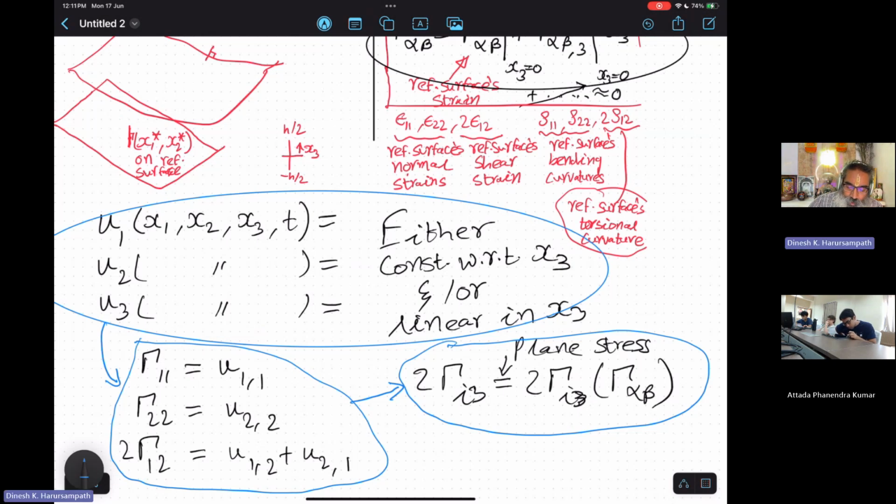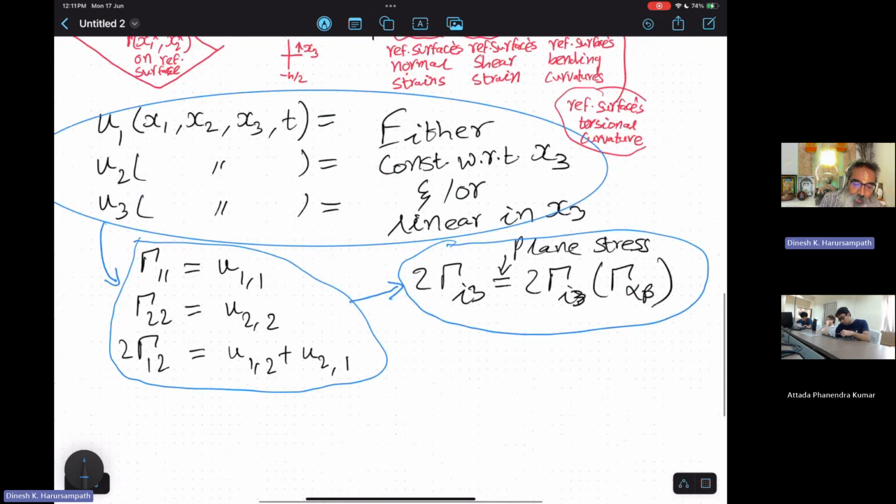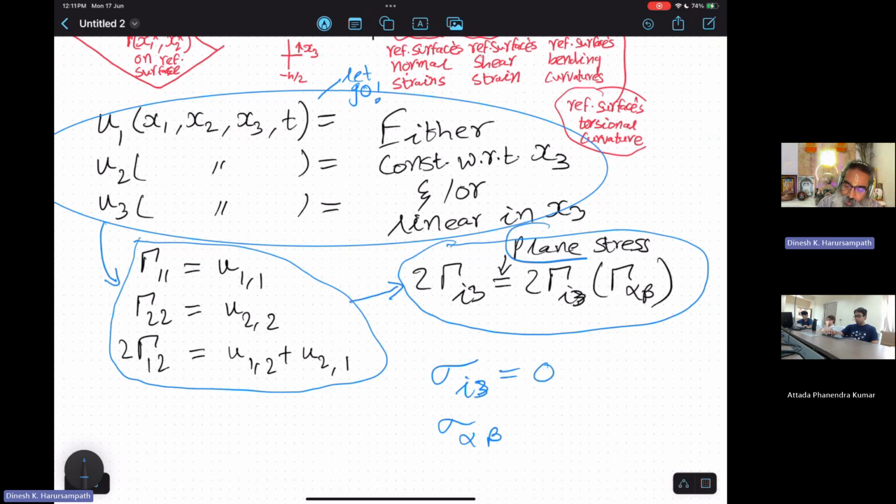So now all of these are going to get affected by an assumption about the displacement field, and sometimes some of these assumptions are even contradictory in some of the works, which is a very, very sad state of affairs, especially for researchers. But as I said, what people do is sometimes they do not make this assumption, they let go of this as if it's a great thing that they have done, but instead start making assumptions with respect to your sigma I3 and sigma alpha beta, one of which we already saw is that sigma I3 equal to 0, which is again that plane stress assumption over here, right?